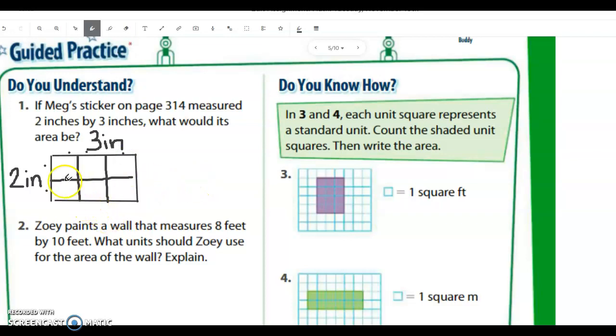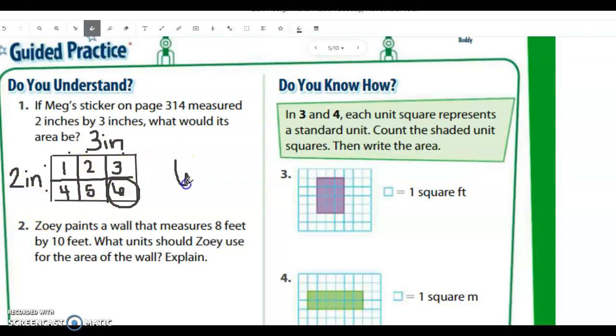To find the area, we can count all of the square units inside the sticker. 1, 2, 3, 4, 5, 6. There are 6 total square inches in this sticker.